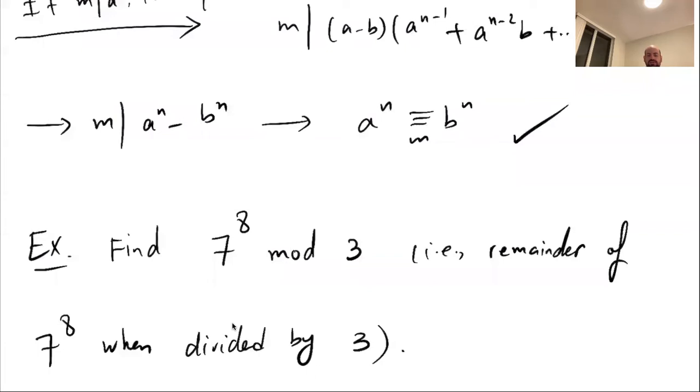A mod m is a notation that your book uses to denote the remainder. So 7 to power 8 mod 3 means the remainder of 7 to power 8 when divided by 3. If you divide a by m, you get a remainder, and the remainder is always bigger than or equal to 0 and less than m. That remainder is called a mod m.